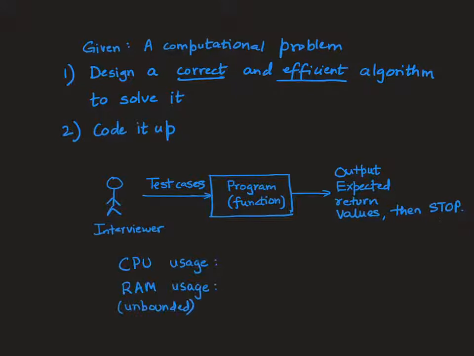Your program obviously used some resources like CPU and RAM to solve the problem, and how much CPU it used was quantified as the time complexity of the algorithm, and how much RAM space it used was quantified as the space complexity of the algorithm.